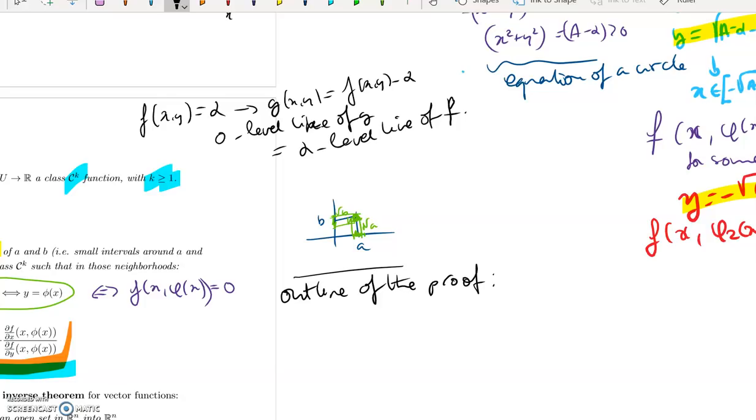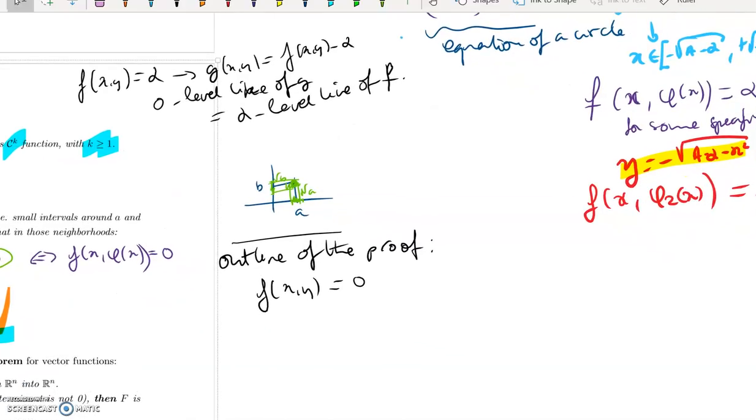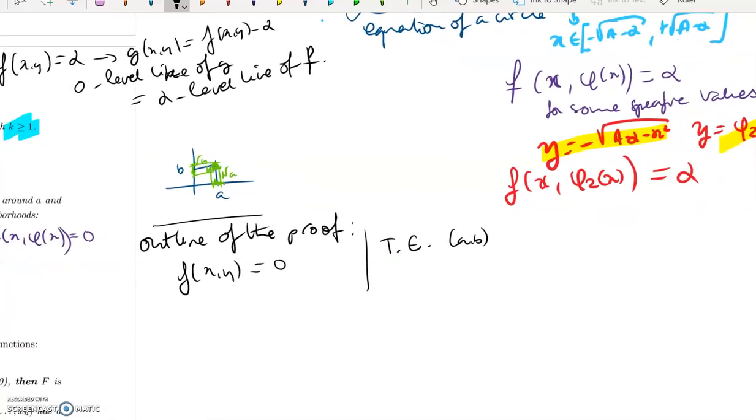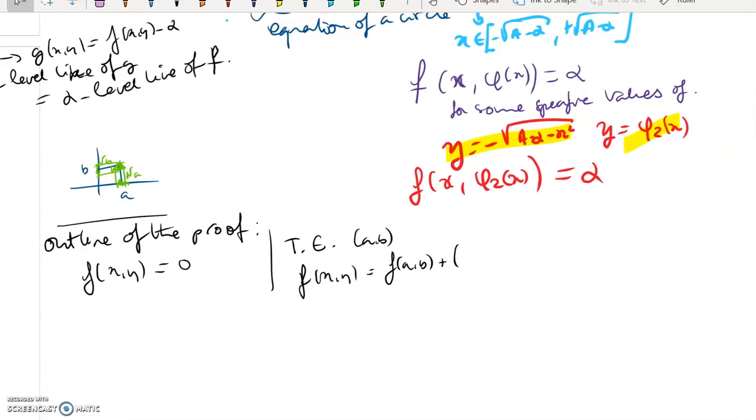So what do we have? We start by saying that we are on the level curve f of x, y is equal to 0. What does that mean in terms of Taylor expansion? Let's take the Taylor expansion around my point a, b at first order. We have that f of x, y close to a, b is f of a, b plus the sum of the first order partial derivatives times the increase in each direction.